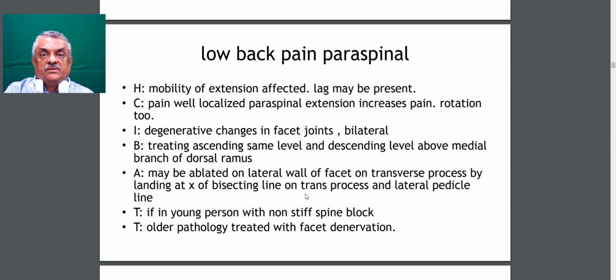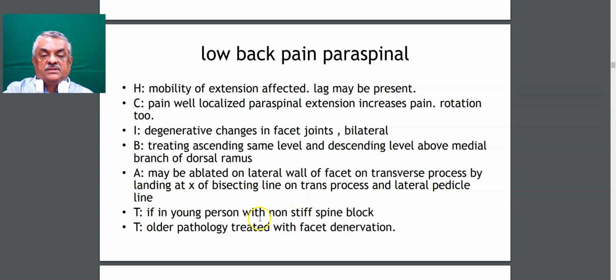Now, please remember, when you draw a line along the lateral pedicles and a line across bisecting the transverse process, then the crossing of these lines is the point where you land for surgery or injection. You must remember that there is a segmental artery at the lower border of the transverse process which should be avoided, so we always go along the upper border of the transverse process.